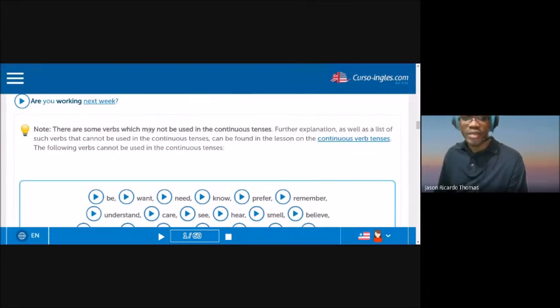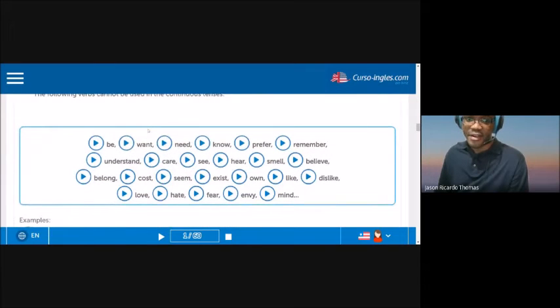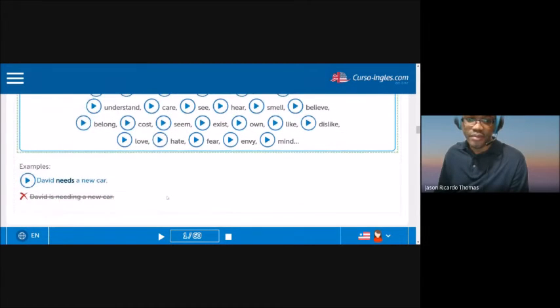All right. Now be super careful. There are verbs that do not change. They never go ing. So last week we used like and love and dislike and hate. Those words do not change to ing form. All right?